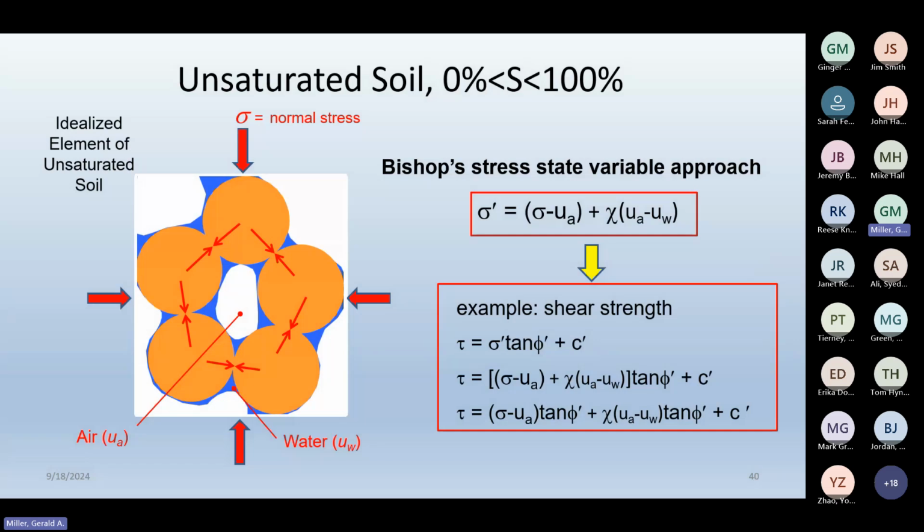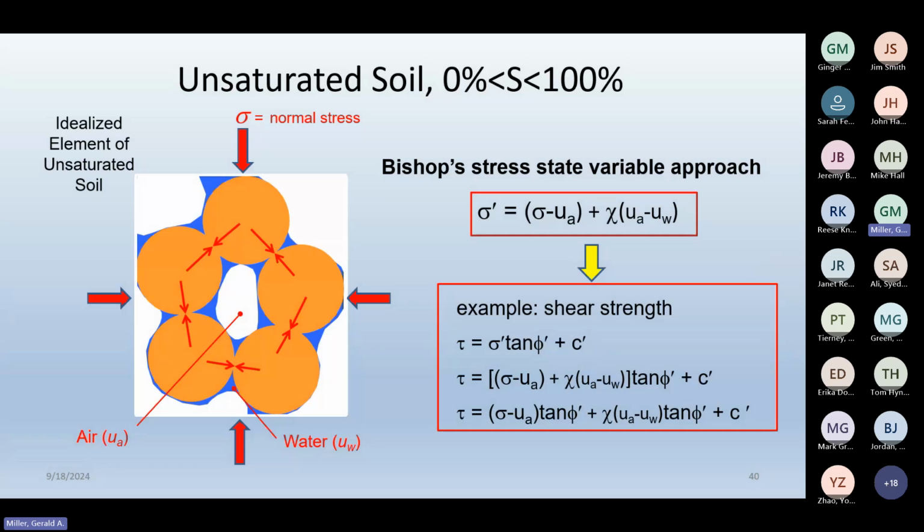So we've got effective stress that results from the normal stress. Again, that's the overburden stress, the weight of soil solids and water above that point. And then we have this component that's contributed by the suction. So we've incorporated the air phase, the pressure in the air phase, into our description.